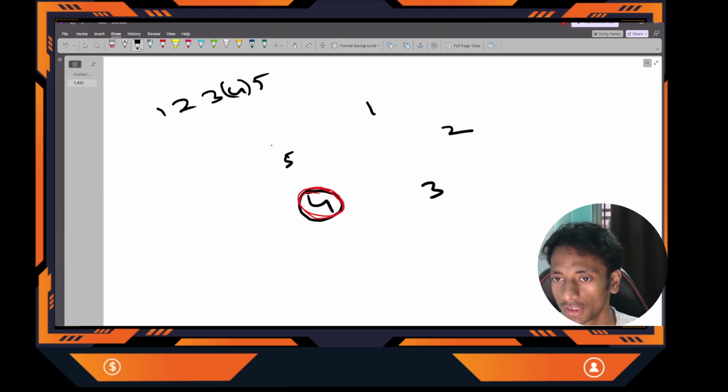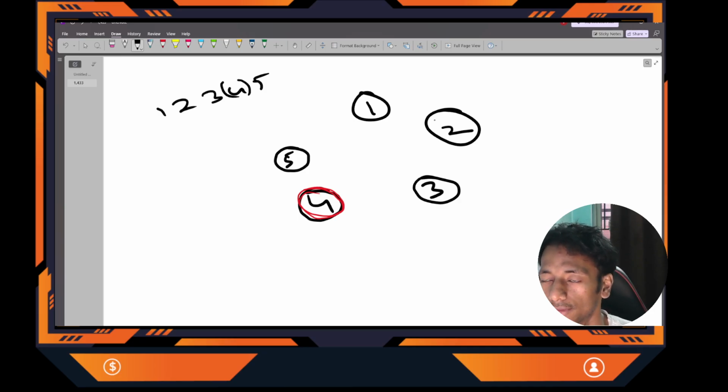They mentioned at most one negative, so all others will be non-negative, right? So I will explore those. I can transfer amount from this position, the 2nd position, 3rd position, 4th position. So 4 slots are available to transfer.